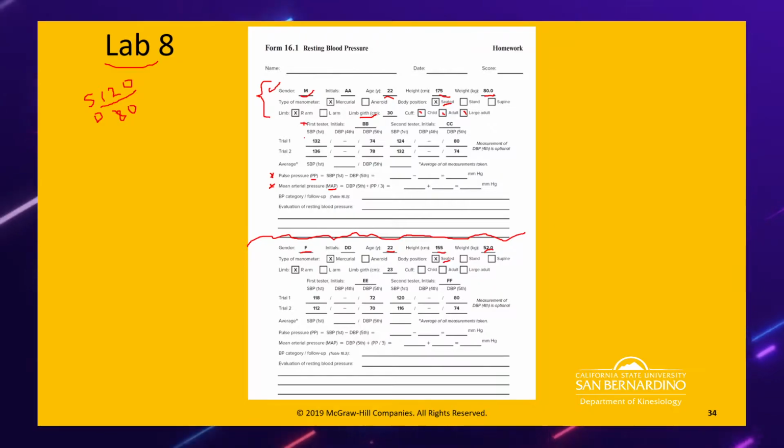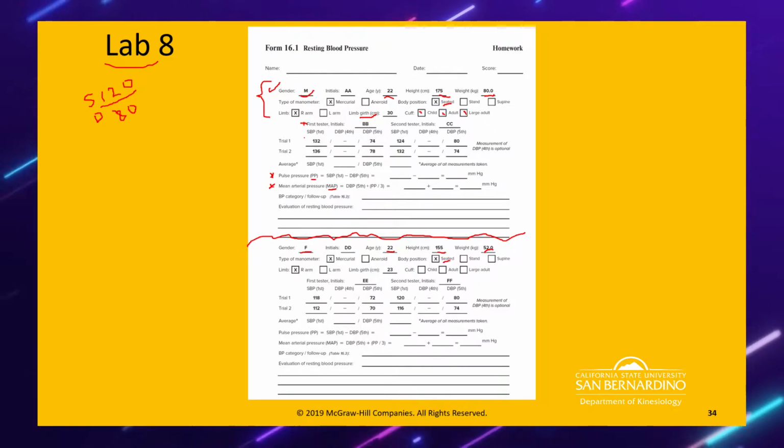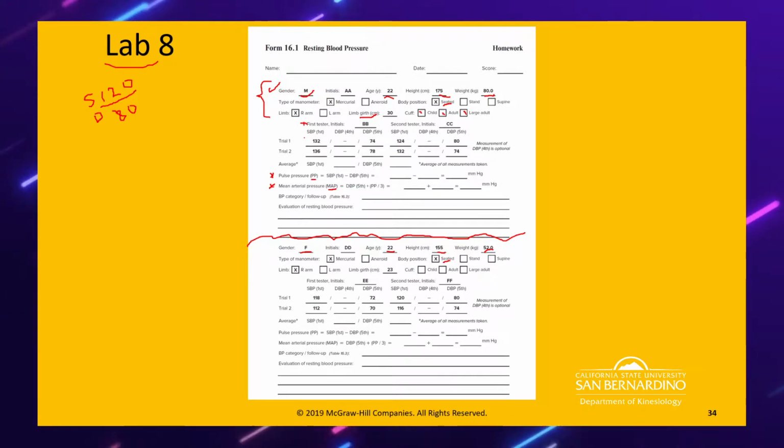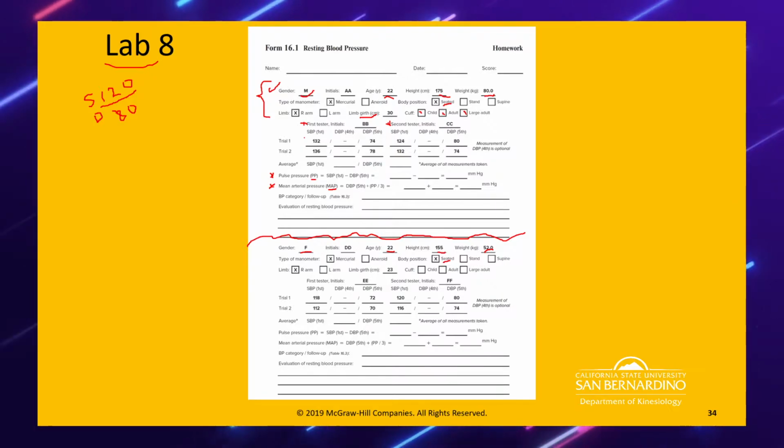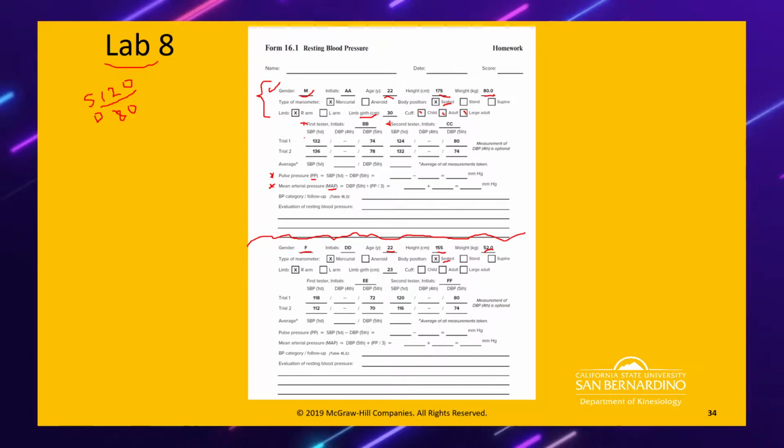We always aim to use the same tester, but you can see from the first trial to the second trial, there were actually two different people testing. So really, this is not just one blood pressure test. It is actually two different trials.